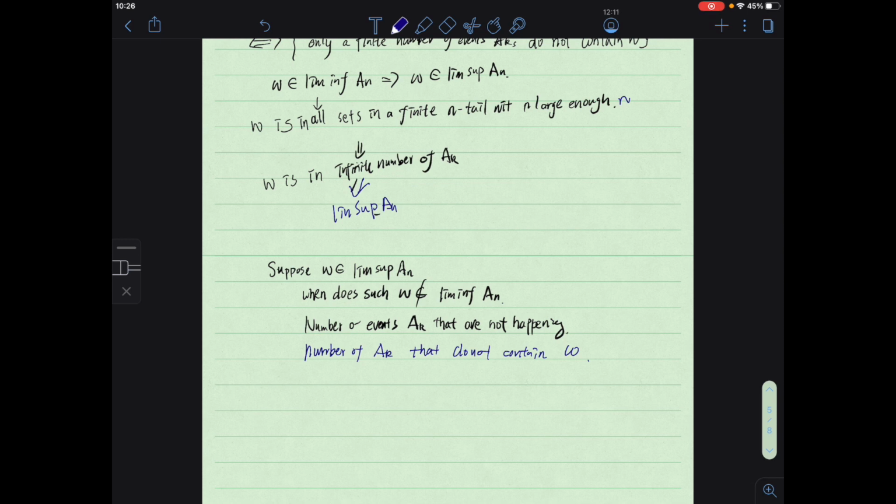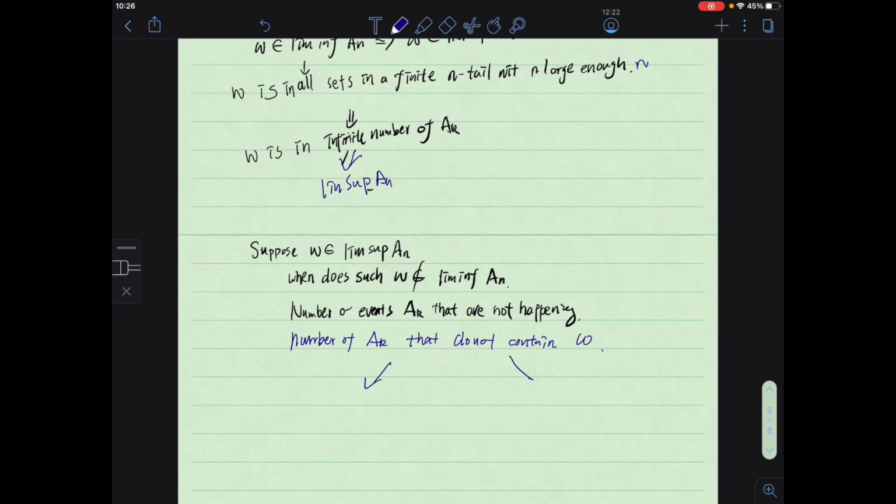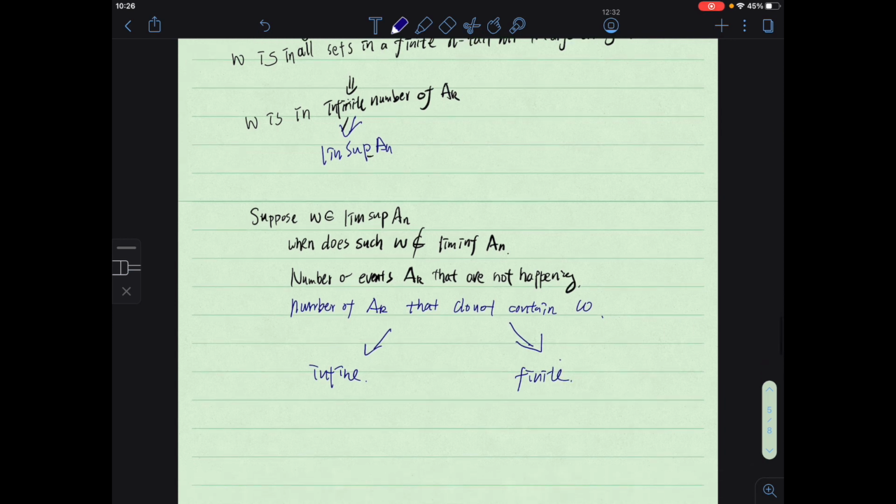All we know for the limit superior is that there are an infinite number of AK that contain omega. In terms of the number of AK that do not contain omega, there are two possibilities. One is that there are an infinite number of AK that do not contain omega. The other is that there are a finite number of AK that do not contain omega.